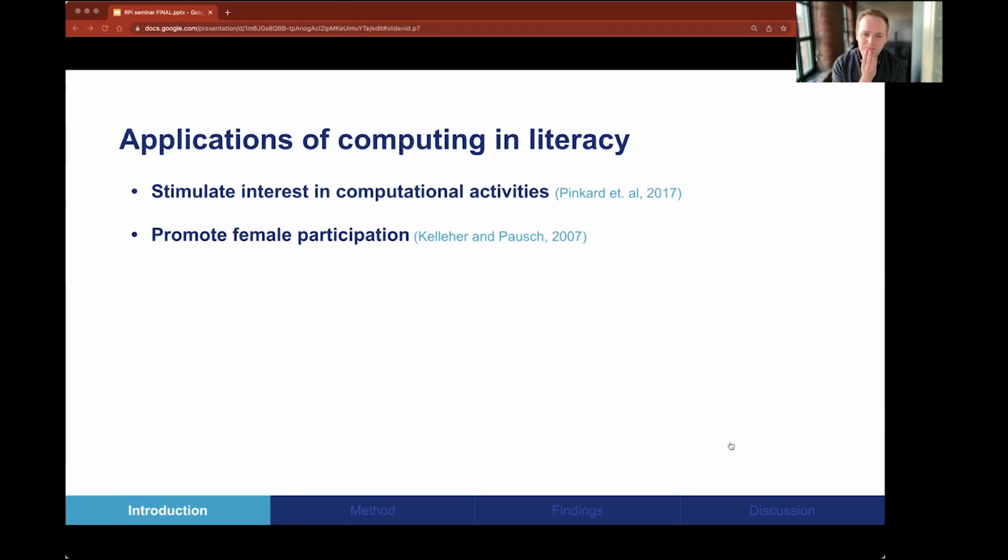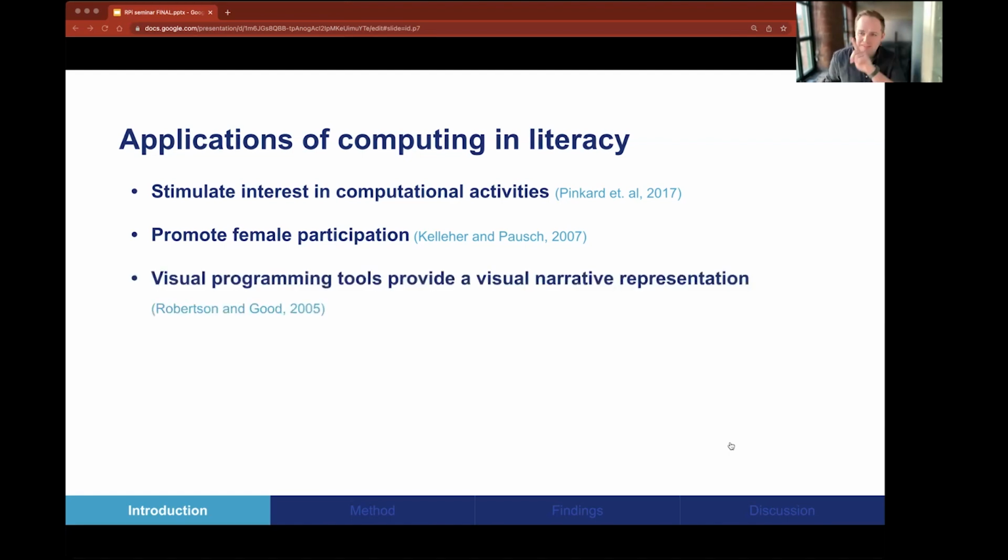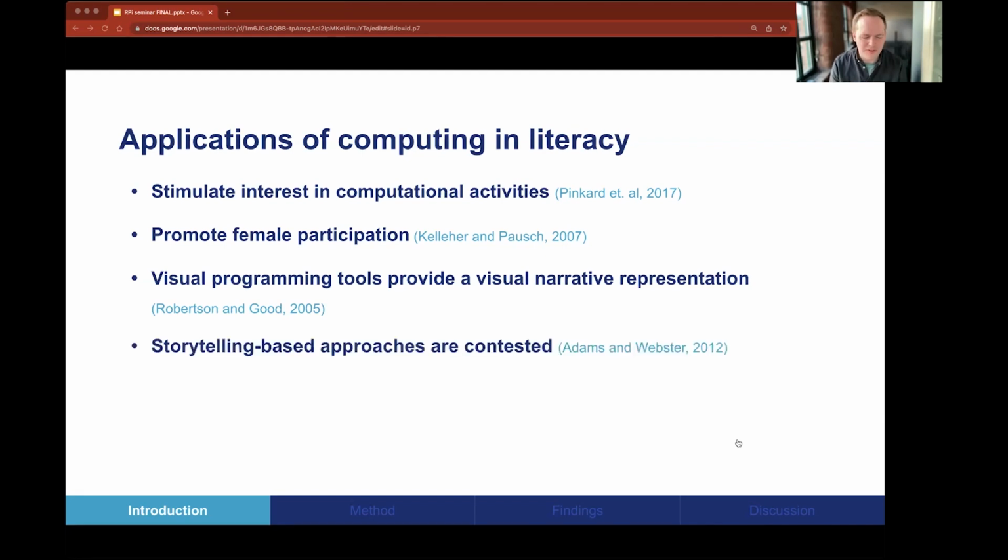Much earlier work by Caitlin Kelleher and Randy Pausch looked at storytelling Alice and earlier programming languages and how it could promote female participation as well. Then there was work by Judy Robertson and Judith Good on Adventure Author and visual programming tools and how they could be used to visualize a narrative. So beyond just telling a story, you could see the story visually represented, which was quite powerful in terms of creating visual stories.